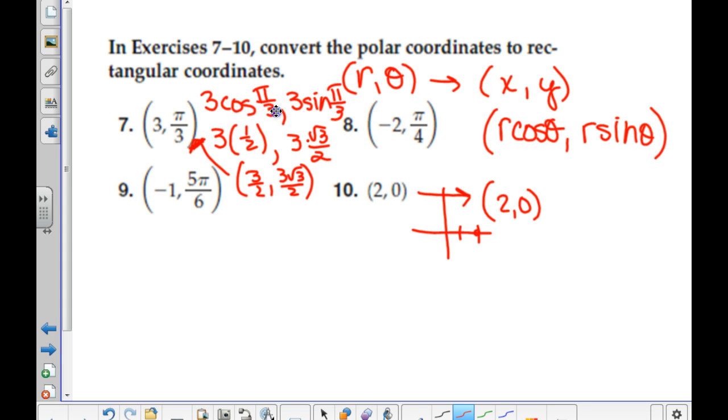Then will the r always be within the spiral? Yes, because polar coordinates are given as an r and a theta. So this is r and this is theta. Anyone else have a question right now on 742?